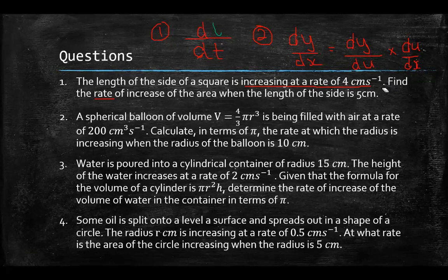Are you familiar with this rule? It's another way of representing the chain rule. Right. So that's the first two things you have to note, right? Whenever they say rate, means with respect to time.